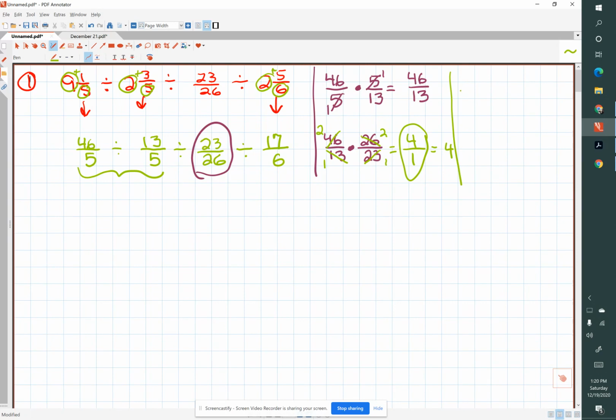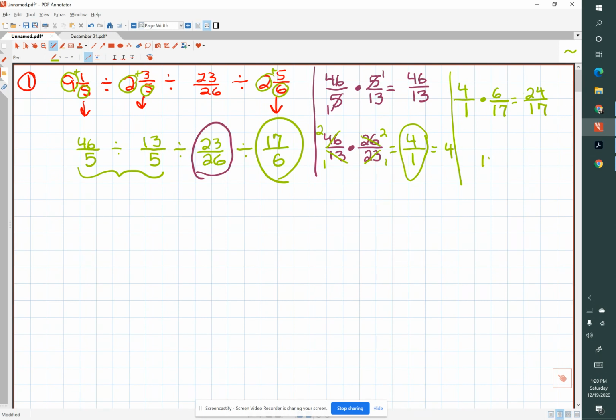So now we've got 4 over 1, and we're going to work with this last fraction, 17 over 6, which we will change the division to multiplication and flip. So 4 over 17. So when we multiply, 6 times 4 is 24, 17 times 1 is 17, which is an answer, but it's an improper fraction.